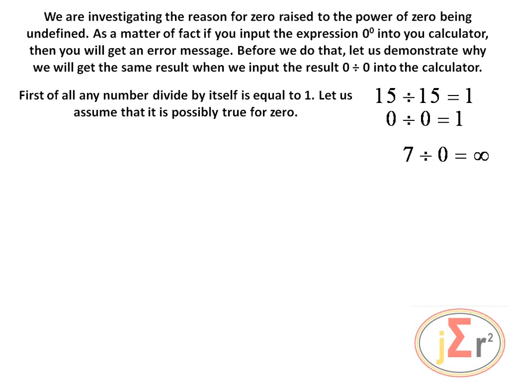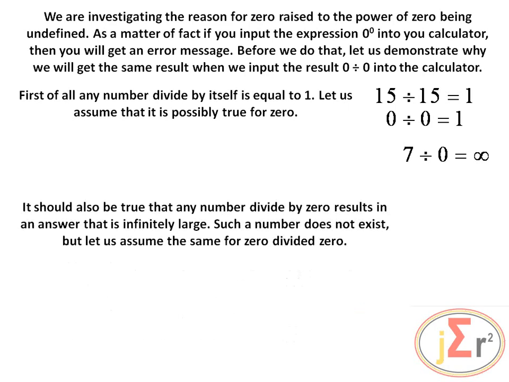What do we have there? 7 divided by 0 is equal to infinity. A number that is so large, it is infinitely large and undefined. What do we imagine? Any number divided by 0 results in a number that is infinitely large. So what do we say then?